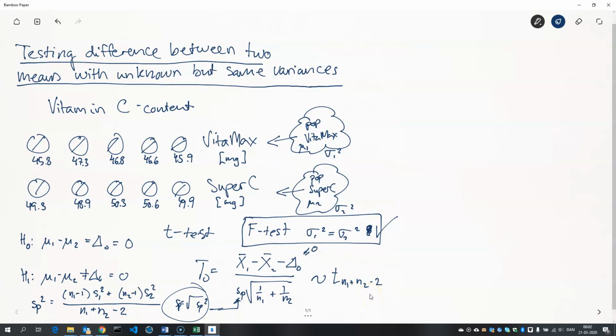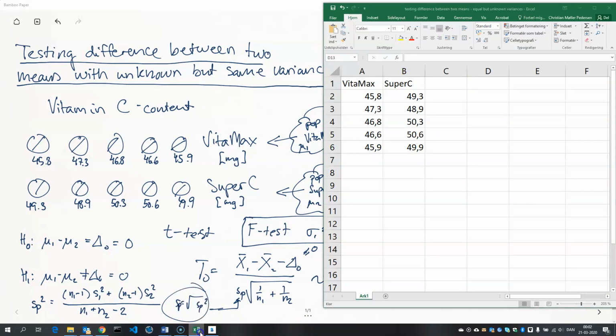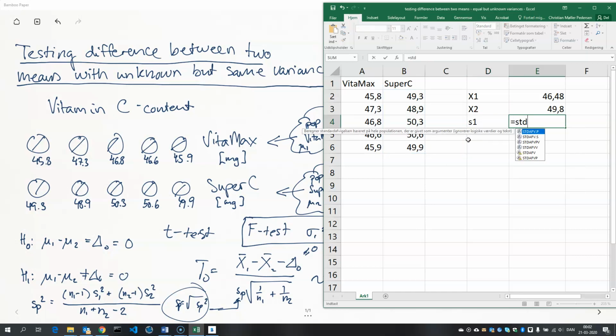So now we're going to do the test in Excel. Here we have the data, and the first thing I want to compute is the mean. So you type average in English, in Danish it's middel. Like that, and then the mean of the second sample here. Oh, sorry. Forgot the average keyword here. Like that. And then we need the standard deviation of the first sample.